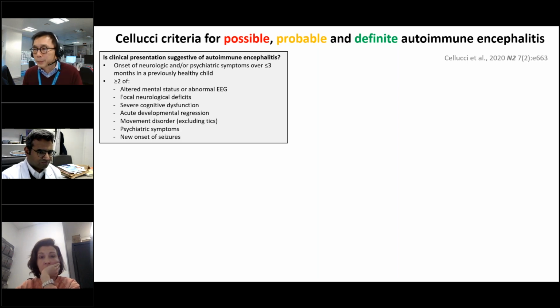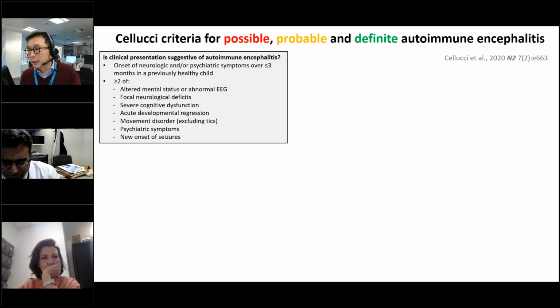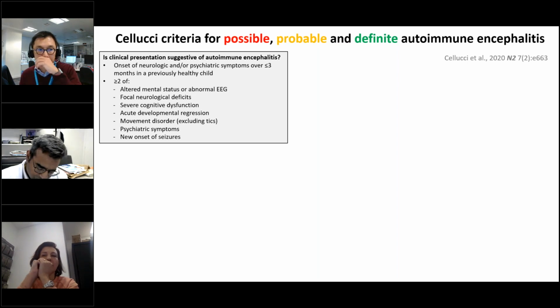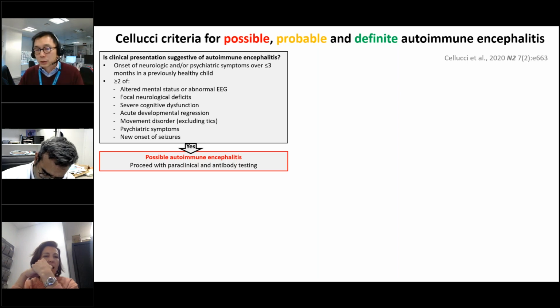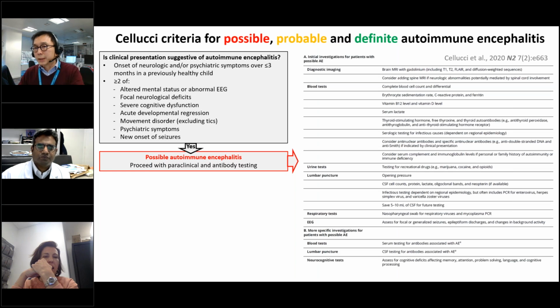And one key thing of the Childhood criteria is also acknowledging that children can have more polysymptomatic presentation, and if you have 2 of the features here, as you see, you should be initiating treatment or suspecting autoimmune encephalitis. This would be the differential, and some of the investigations would be to look for the etiology.